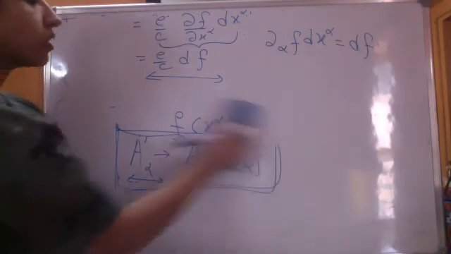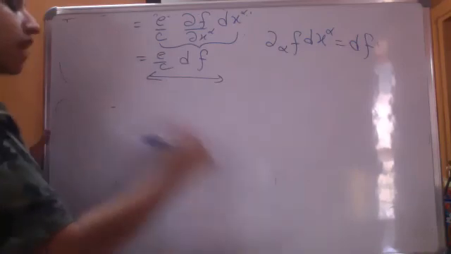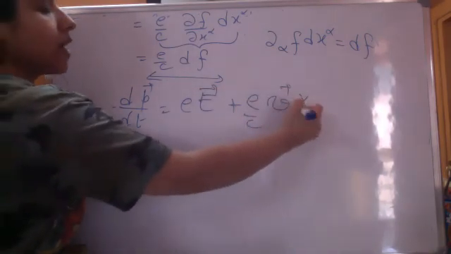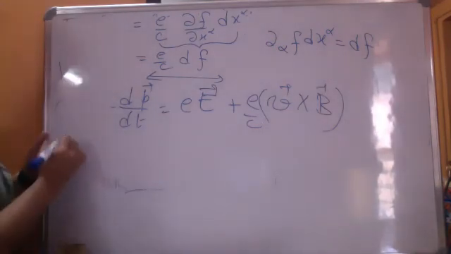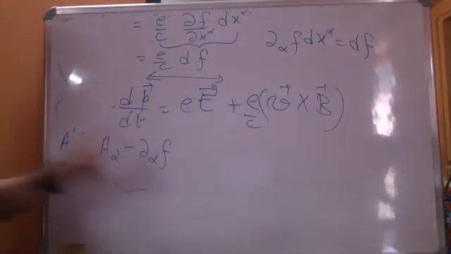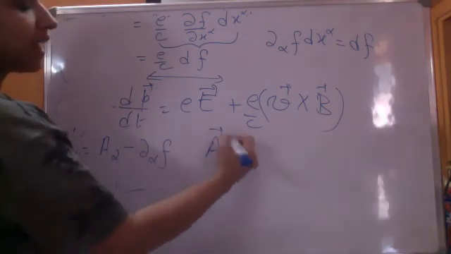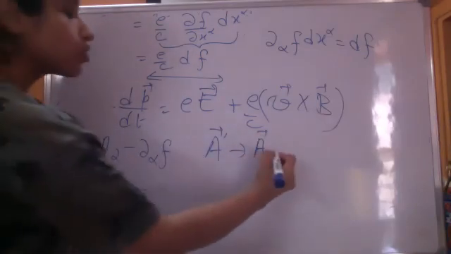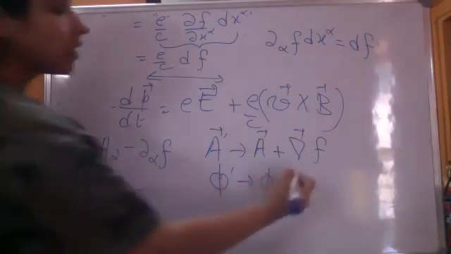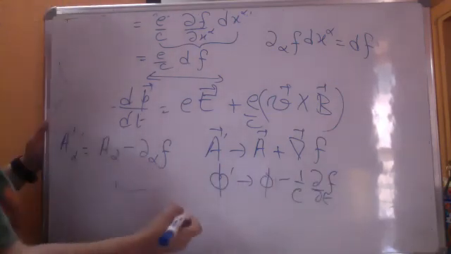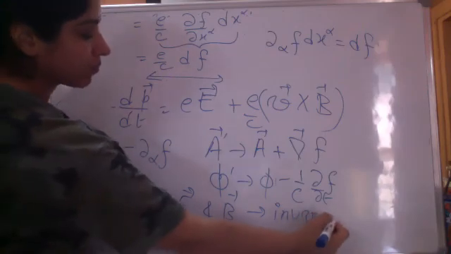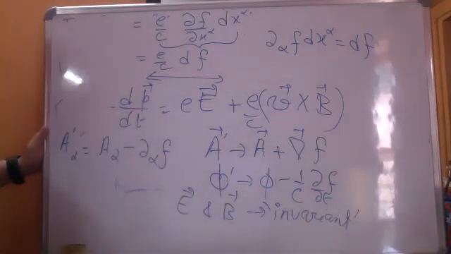Now, my equation of motion does not depend on A and phi, but depends only on E and B. So that means that if I make a change like this, which amounts to changing, let's say, A vector by the grad of this f, and phi to phi prime, which is phi original minus 1 by c del by del t of f, my E and my B will remain invariant.